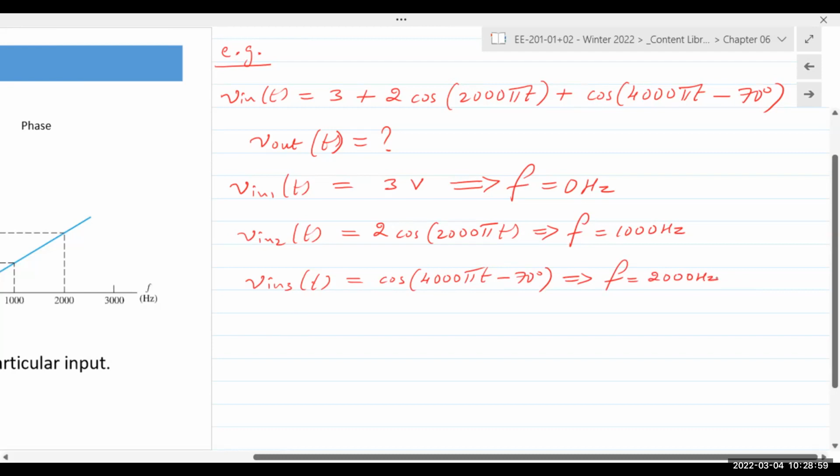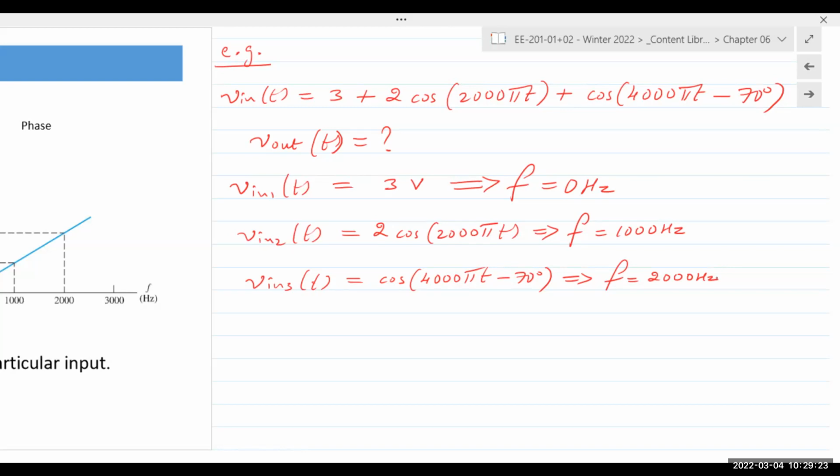From chapter 5, v of t is Vm cos of omega t plus or minus theta. We compare the expression to the standard expression of a time varying signal and extract information about the 3 quantities: Vm, omega, and phase angle theta. Good so far, right?